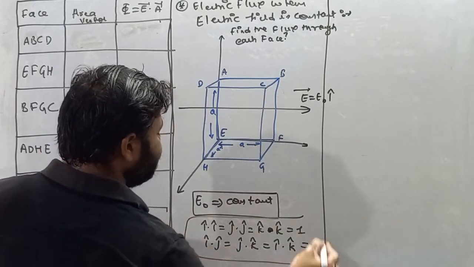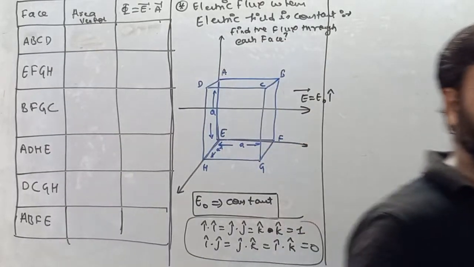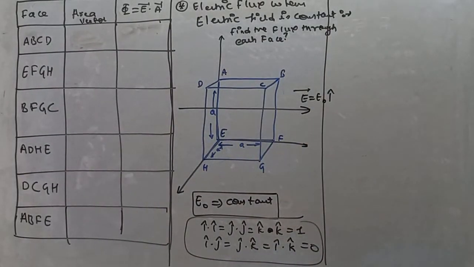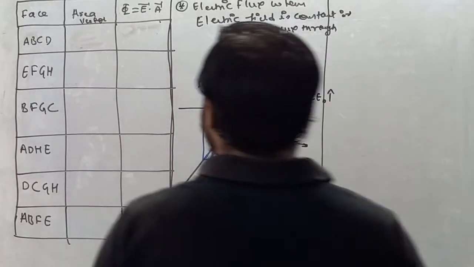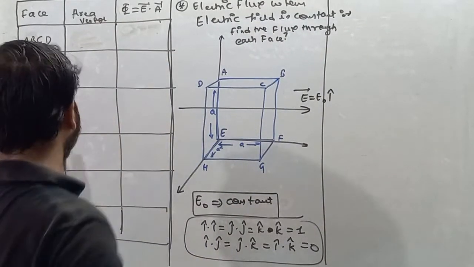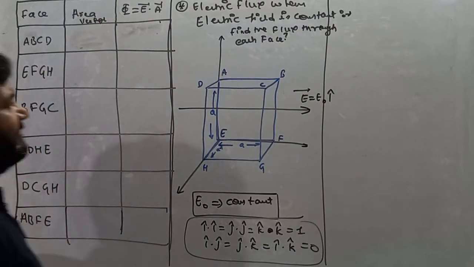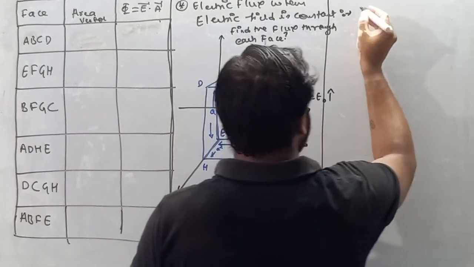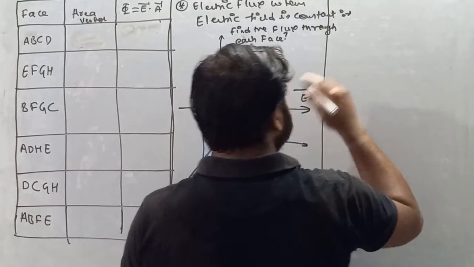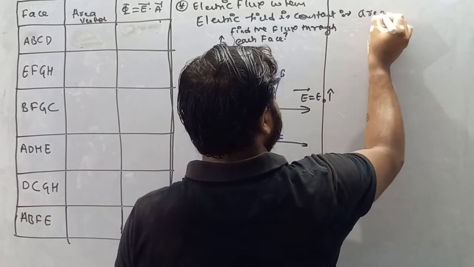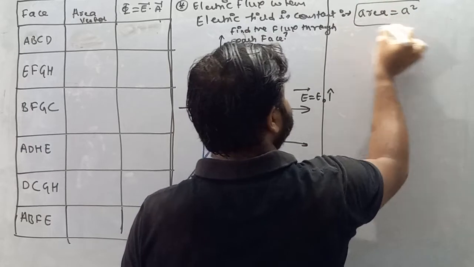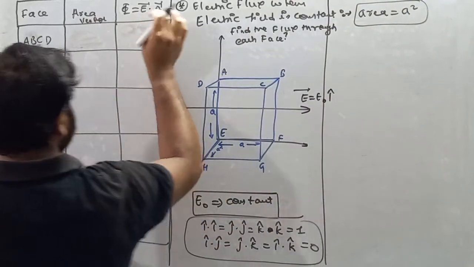Remember: dot product of the same unit vector gives 1, and dot product of different unit vectors gives 0. The area must be A square, and flux is E vector dot A vector.